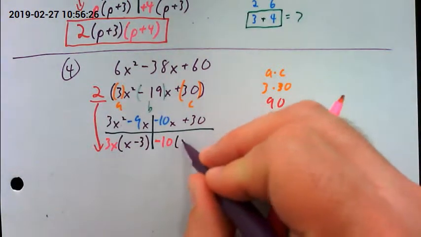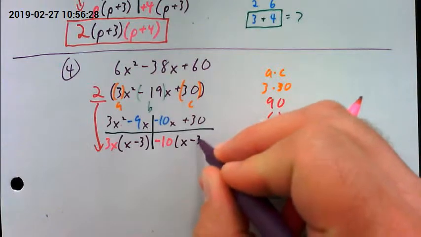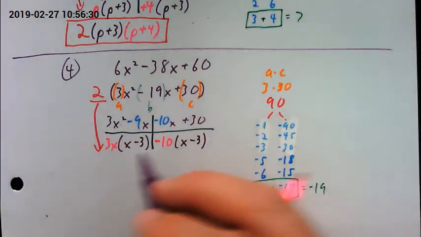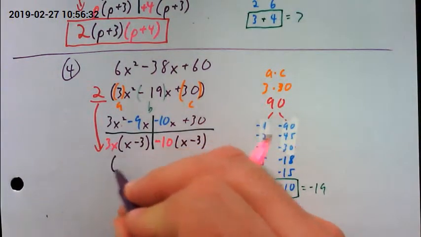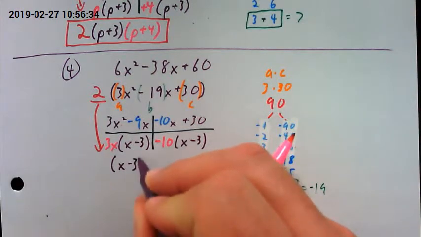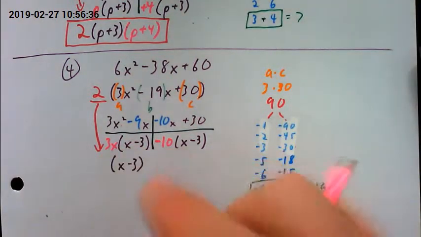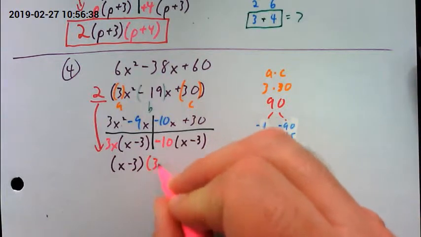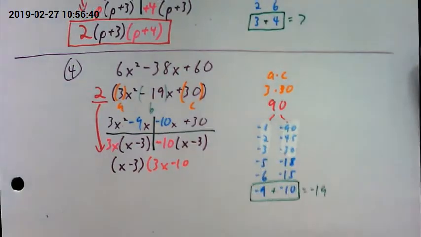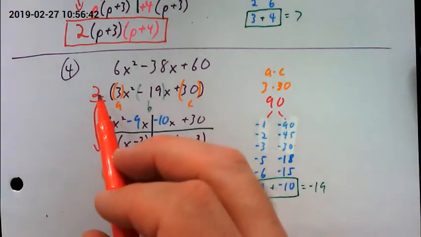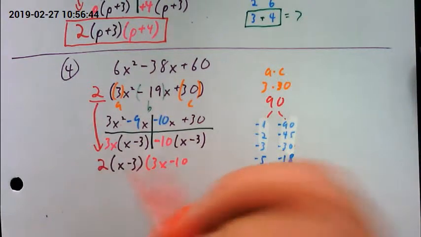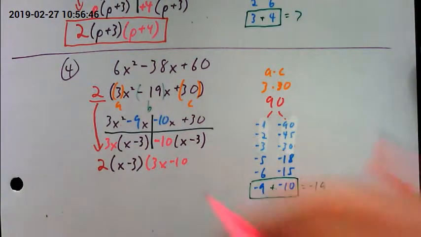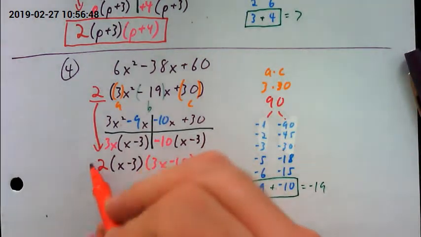So then we're left with x minus 3. The x minus 3 is the same, so it comes out as our GCF. And the other two come together. The x minus 10. The 2 from the beginning comes all the way down, and we have our final answer.